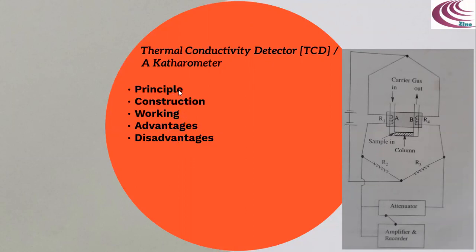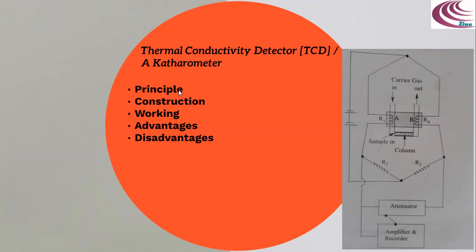Thermal conductivity detector is also called a cathometer and is based upon the changes in the thermal conductivity of the gas stream. It works on the principle of the Wheatstone bridge, which consists of 4 resistances in the circuit. Out of the 4 resistances, the magnitude of 3 remains constant and the 4th one varies as per the change in temperature.